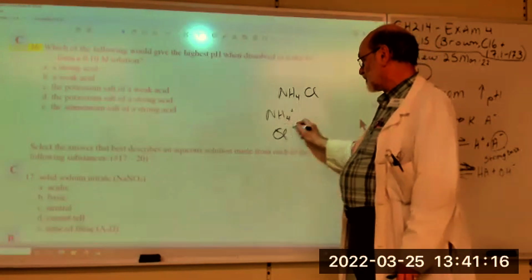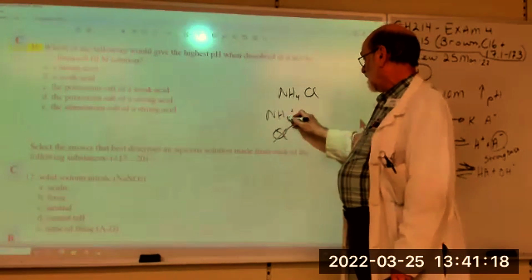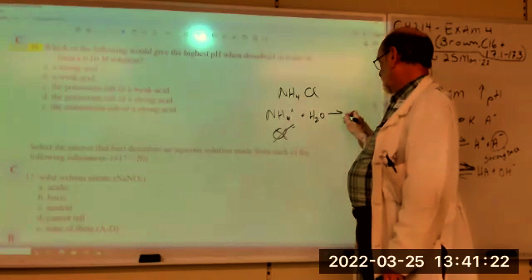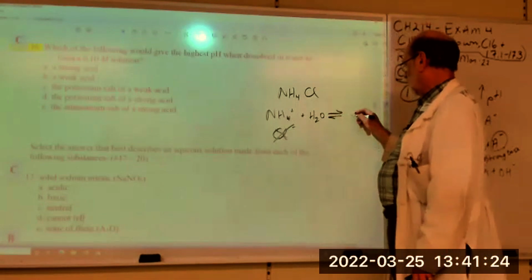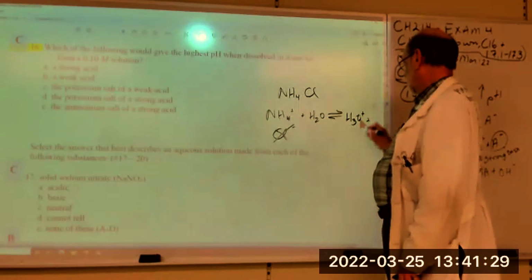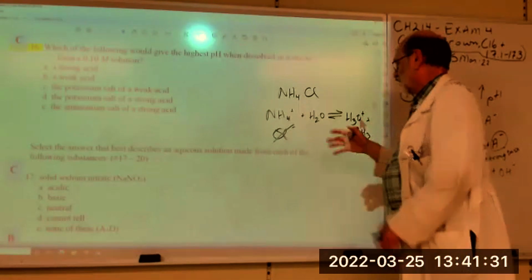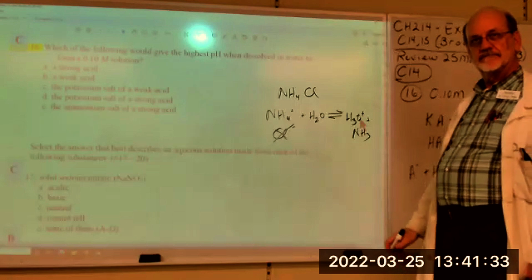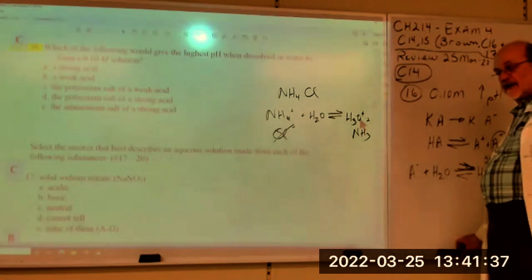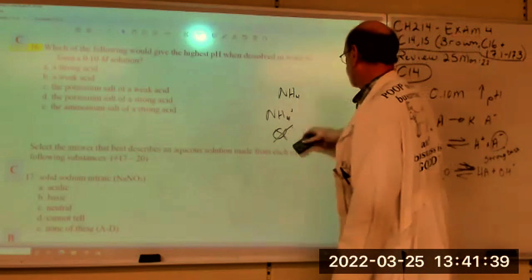So this is not going to produce anything. This would interact with water and transfer over there to H3O plus and NH3. That's an acidic solution. All right, so we found our answer C. That's the most basic one.